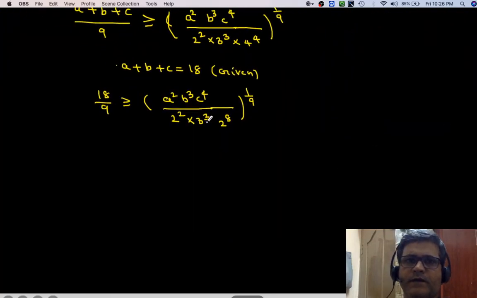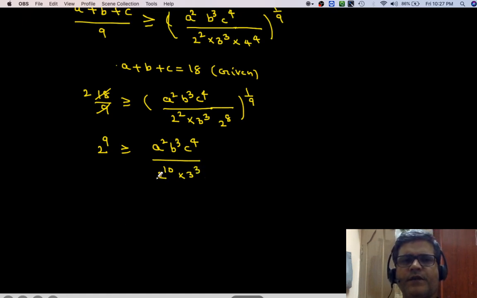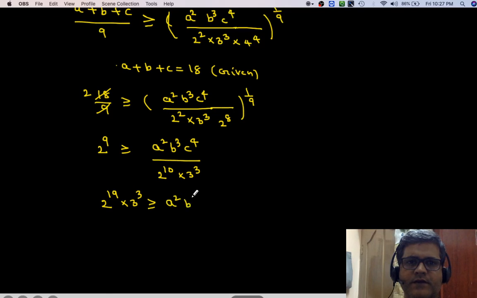Now you take the power 1 by 9 out, so 2 power 9 is greater than or equal to a square b cube c power 4 over 2 power 10 into 3 power 3. Now you take out this 2 power 10, 3 power 3 to the left hand side, then what you get? 2 power 19 into 3 power 3 is greater than or equal to a square b cube c power 4.